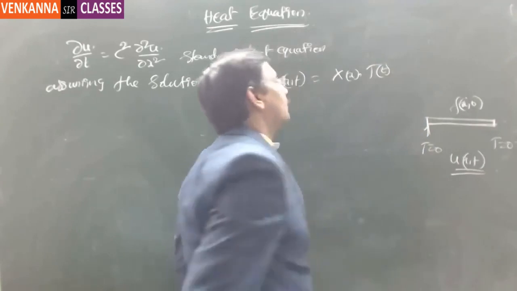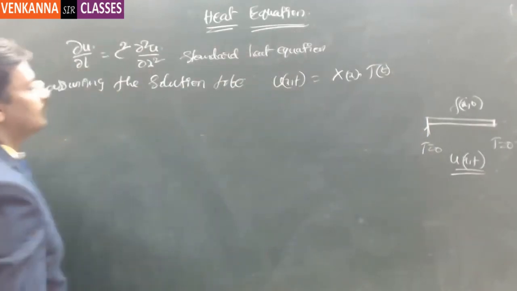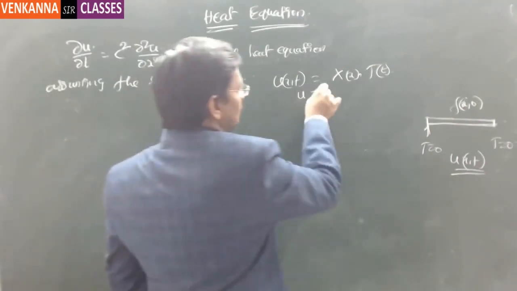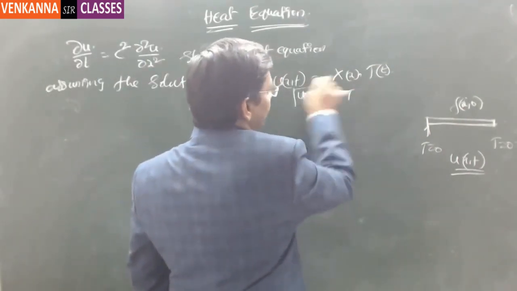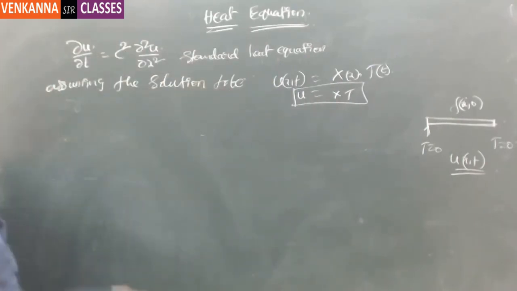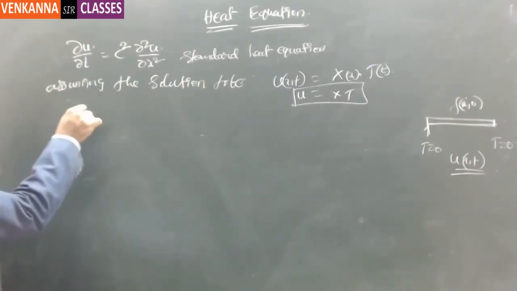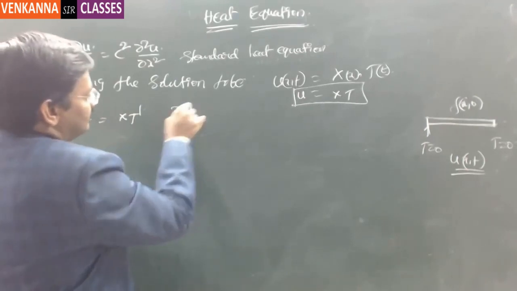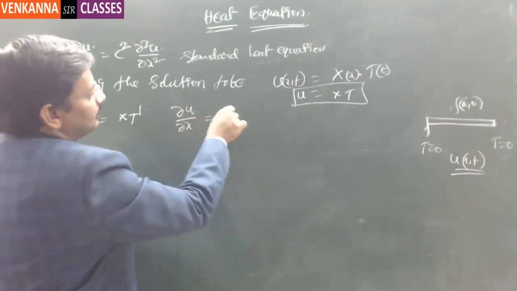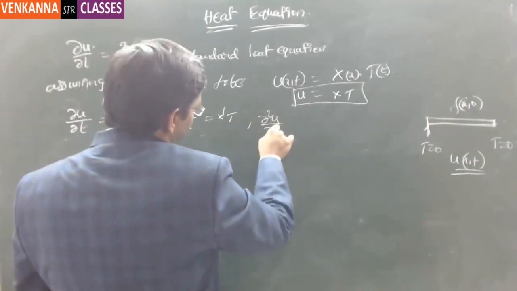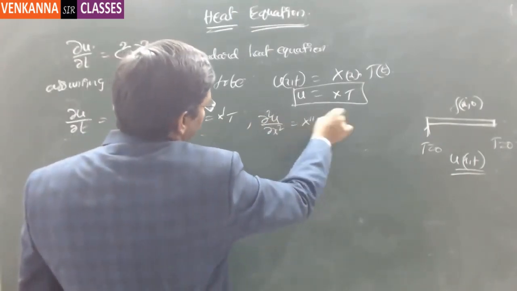Assuming the product of these two gives the solution, I will simply write u equal to XT, where X is a function of x alone and T is a function of t alone. Now if you apply this, dou u by dou t is X into T dash. Similarly dou u by dou x is X dash into T, and dou square u by dou x square is X double dash into T.